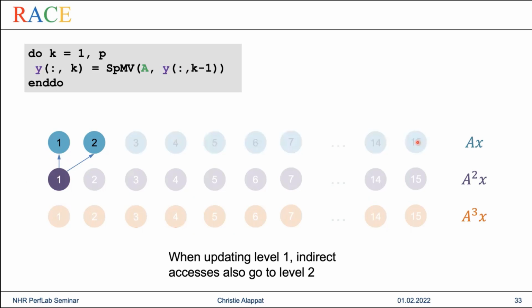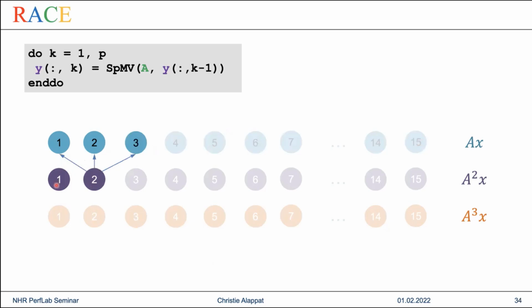And therefore, we do not need to pollute the cache by bringing in these elements. Rather, we reuse the elements that have already been loaded. Similarly, if you go to level 2, level 2 can be updated to A squared x if levels 1, 2, and 3 have already been updated to Ax.